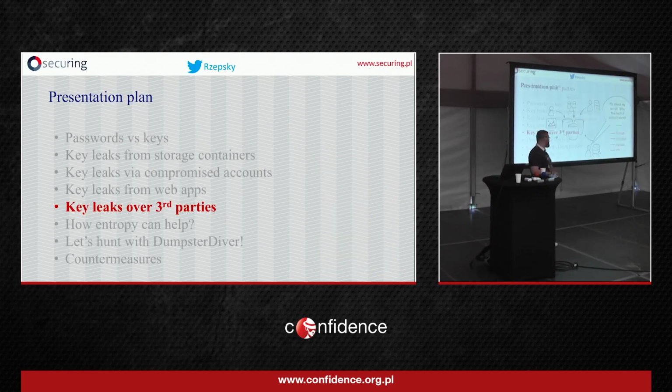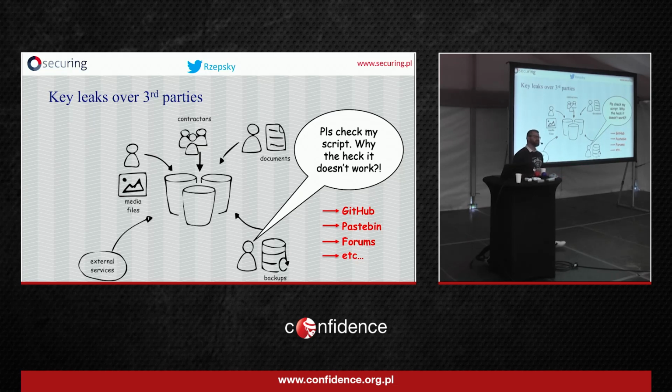Key leaks over third parties. We are used to using services like Stack Overflow, right? So people type a snippet of code into Stack Overflow and ask, hey, this code doesn't work. Can you help me? Or on a forum, or on Pastebin, or whatever else. However, in the cloud, you have to type the access keys there to be able to run this script.